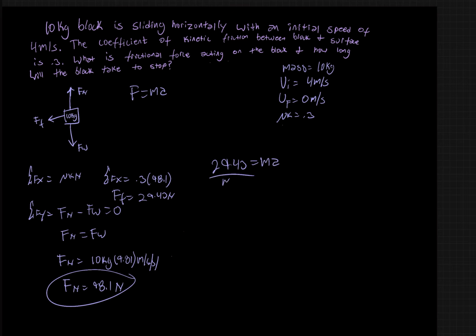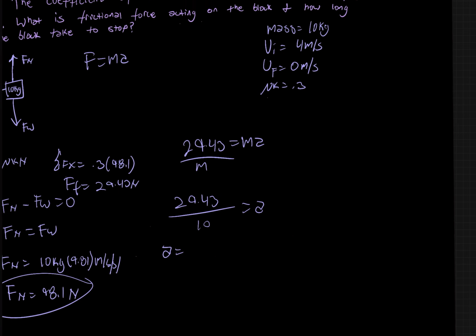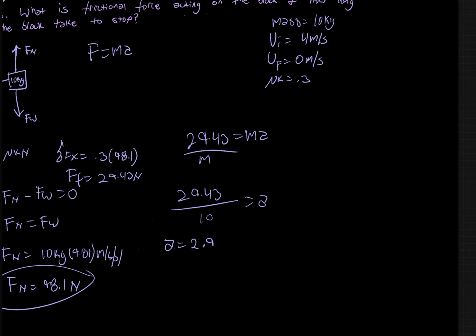And we'll just divide this by mass, so 29.43 divided by 10, our mass, which is 2.943. And this is actually negative because it's slowing the block down.